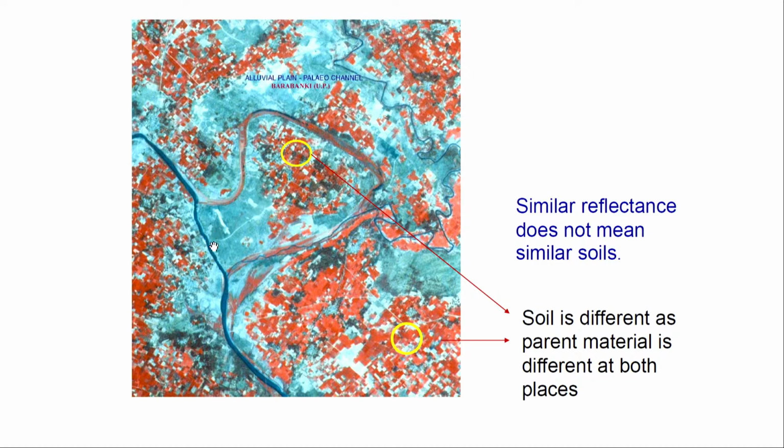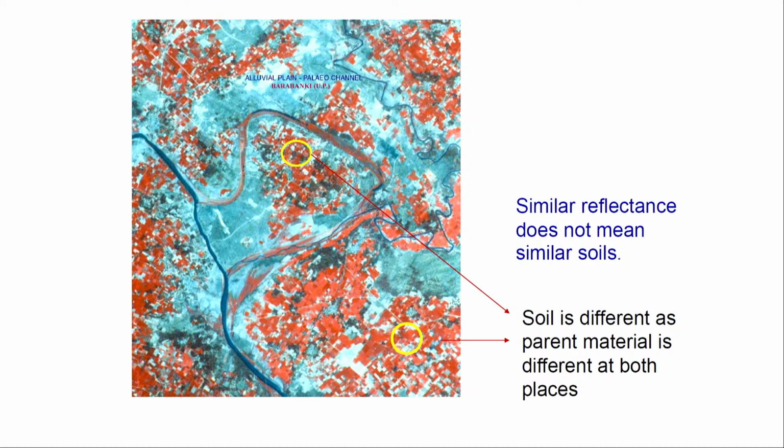And you know the soils in the river bed will be different from the soils of the mainland. So you need to find out the type of geomorphology there. Here you see this red color and this red color and this red color are all the same. But similar reflectance does not mean similar soil.